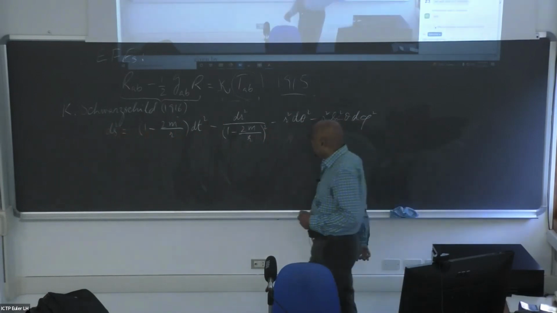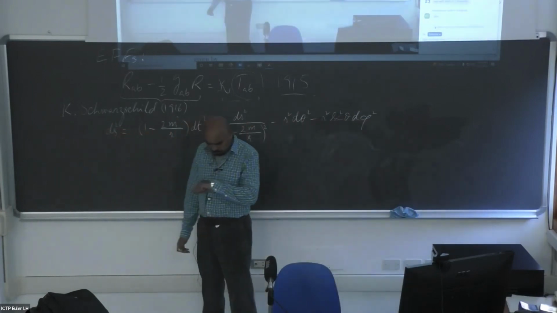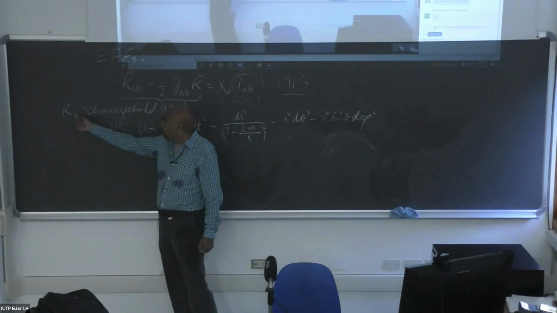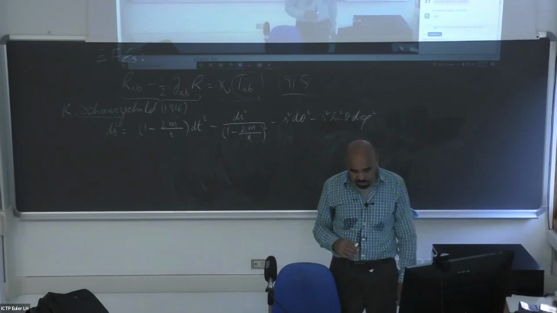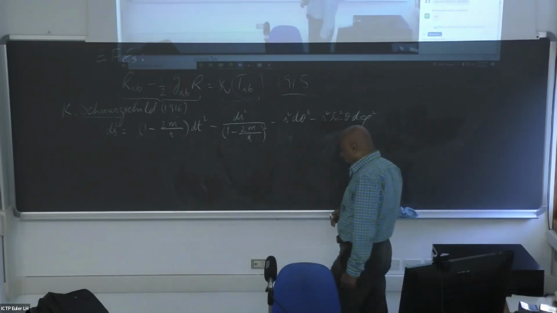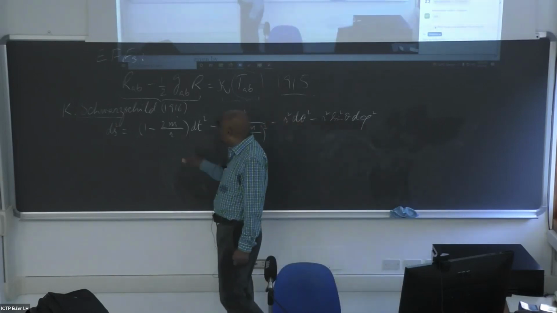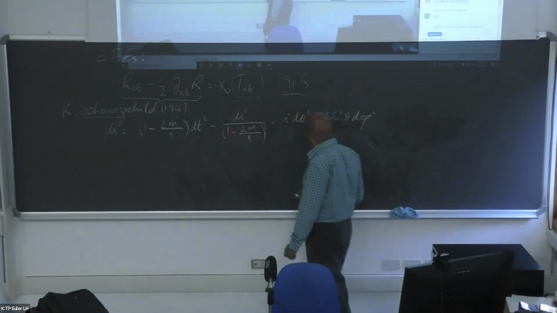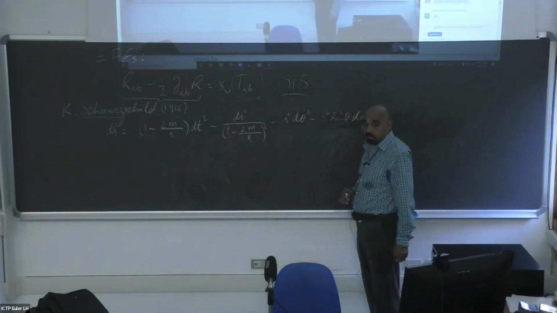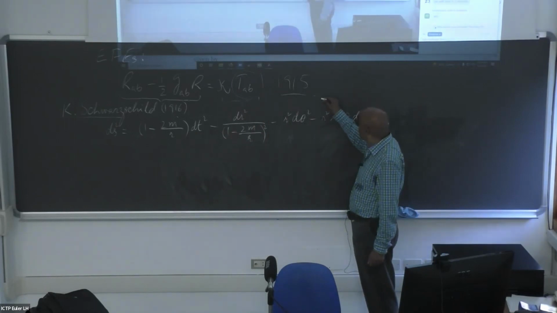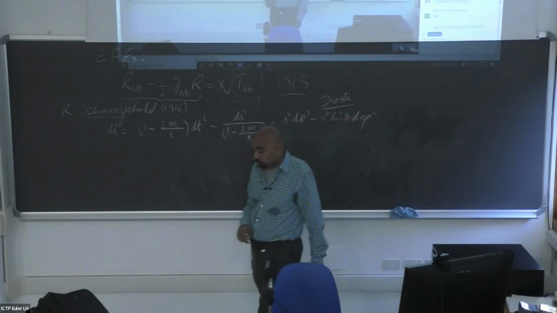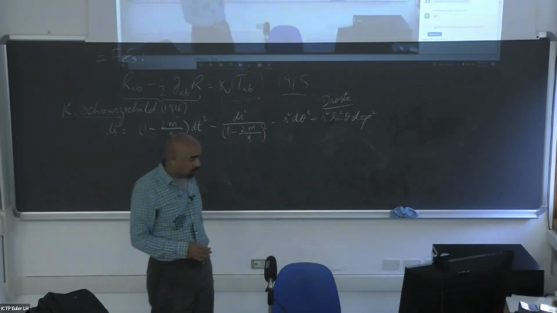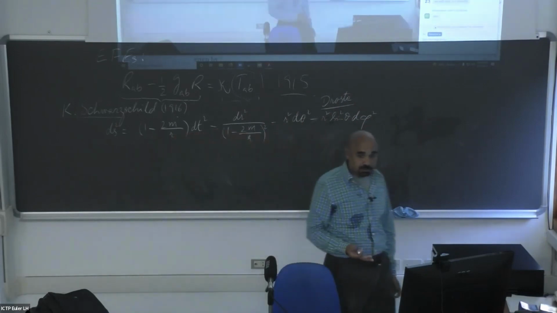I think I should make a small historical comment also, that almost all the books call it the Schwarzschild solution, but the same solution was given by another person, a young man at the time, whose name was Droste. So some people say that we should not give all the credit only to Schwarzschild. We should say that it's the Droste-Schwarzschild solution.